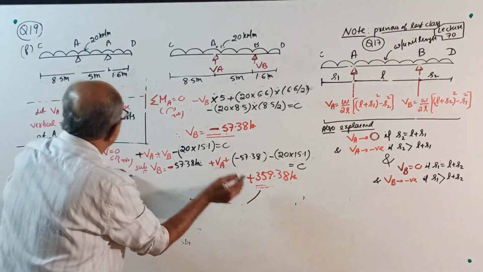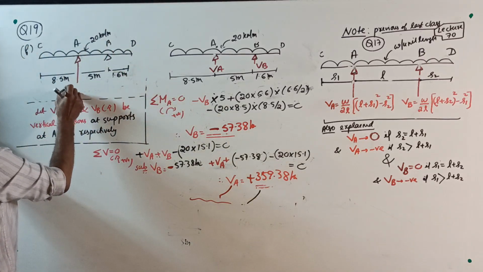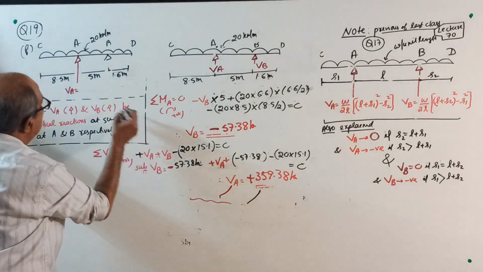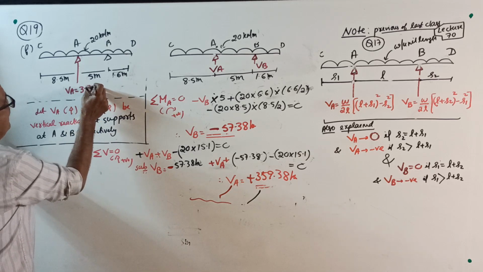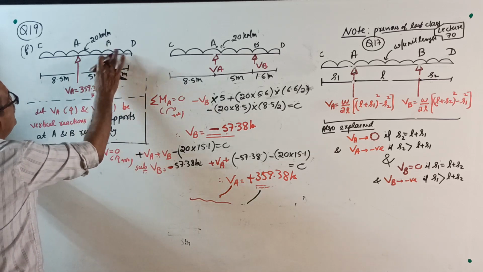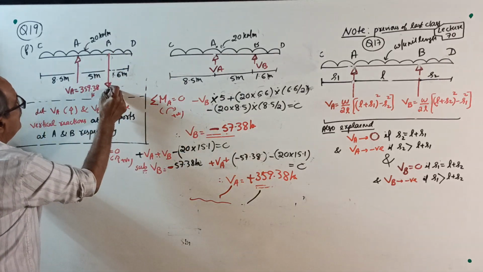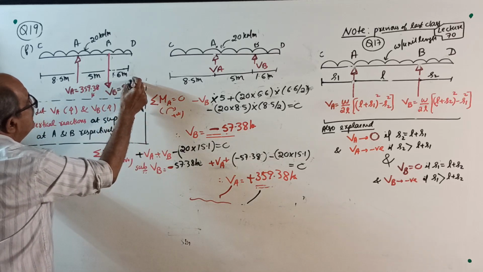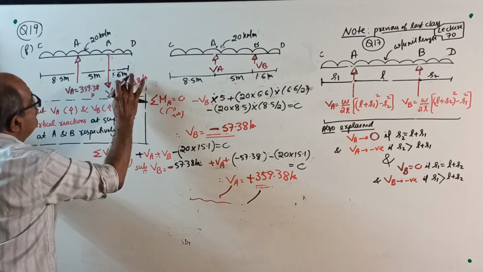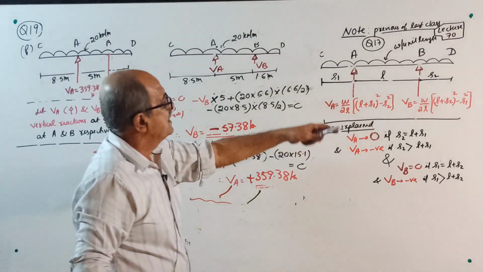Therefore, make the final entry. Once again, draw the sketch. There you write VA upward, 359.38 kilonewton, and VB you mark downward. Why negative came? VB equal to, no minus now, 57.38 kilonewton. Okay, now check the answer here.